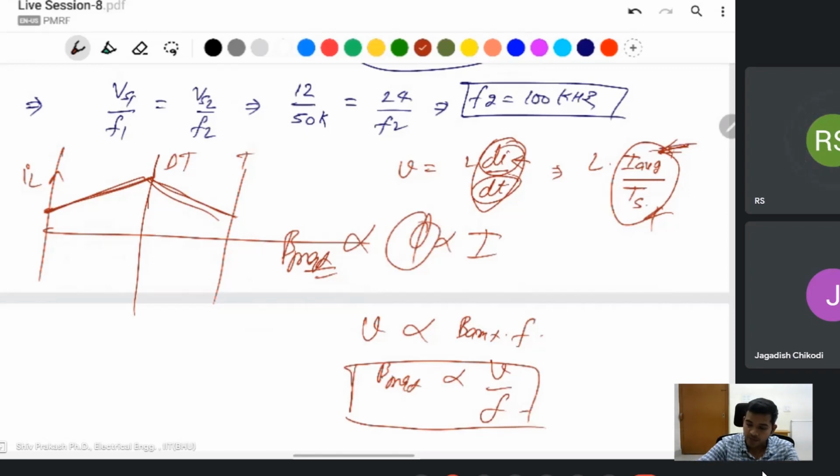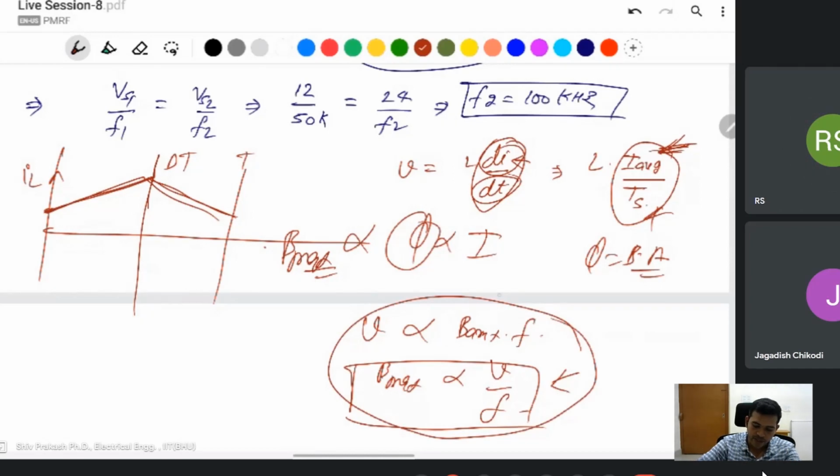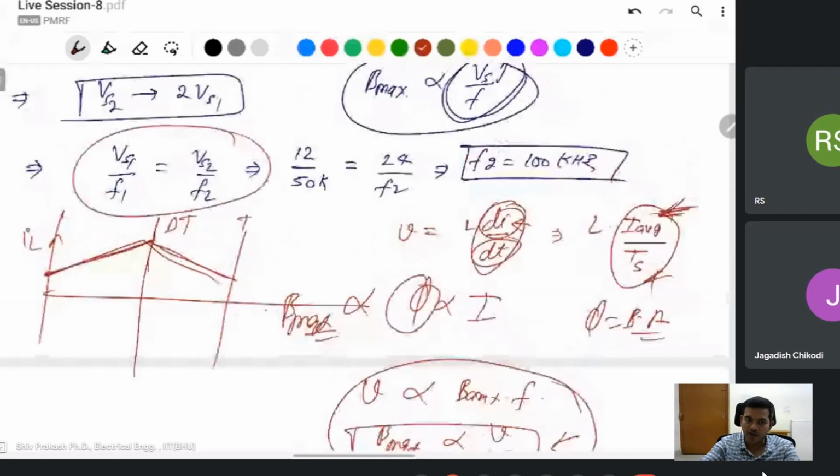The current flowing through the inductor depends only on the flux, and our flux depends on the flux density. Flux density into area is equal to V into A. That's why I wrote it as V by F. In a normal transformer winding, flux density also comes into the picture. Our core has a fixed flux density.